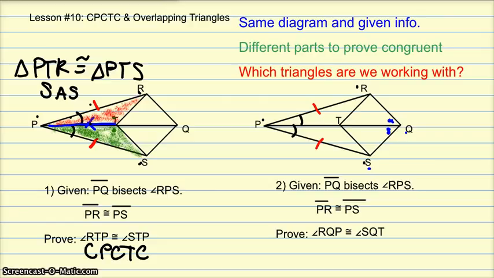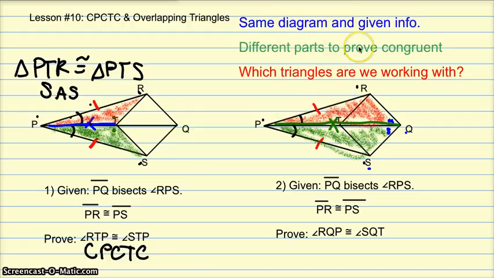This time I'm going to need to prove that this whole triangle up here is congruent to this whole triangle down here. Now when I look for the reflexive property, it's actually this whole line, PQ, since I need the entire triangle. So right there.